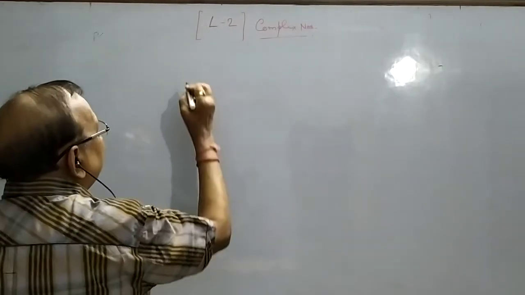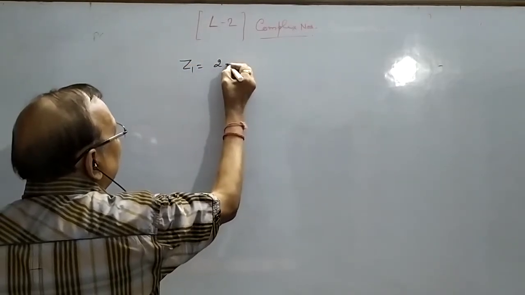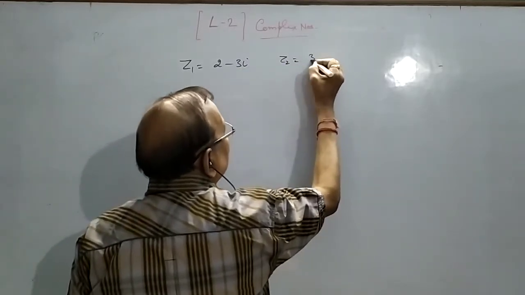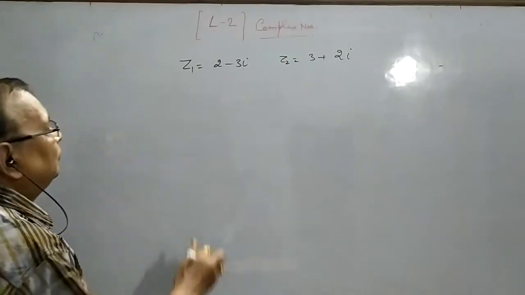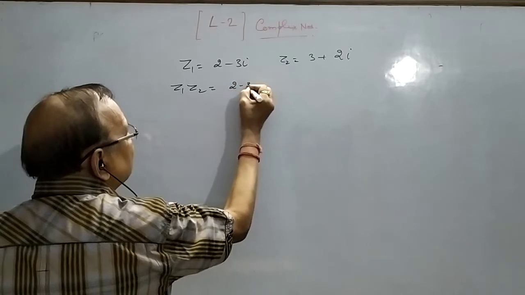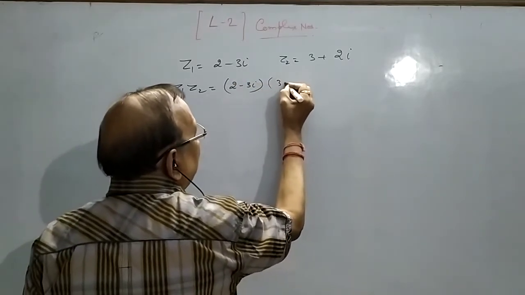Now, I take an example. Let z1 is equal to 2 minus 3i and z2 is equal to 3 plus 2i. If we multiply, z1 z2 is equal to (2 minus 3i) into (3 plus 2i).